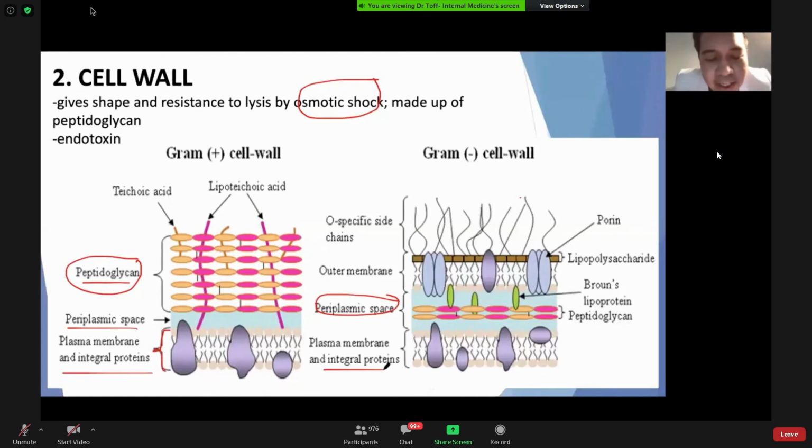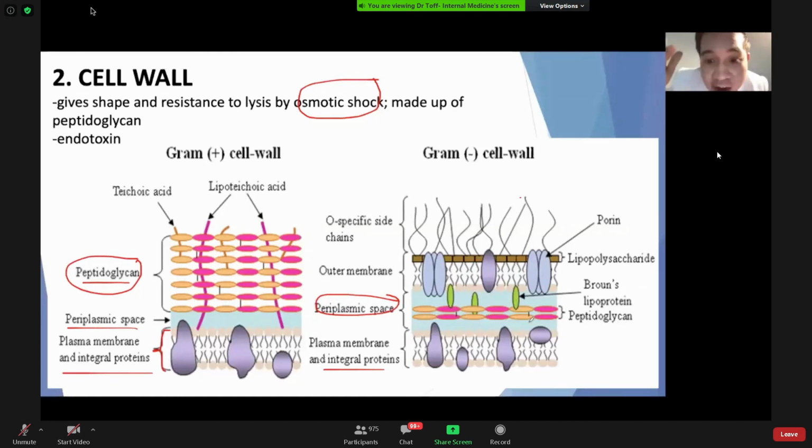So please remember that the peptidoglycan layer, the periplasmic space, and the plasma membrane, pareho siyang meron sa gram-positive and gram-negative. So the difference is that the peptidoglycan is thicker in gram-positive, and the peptidoglycan in gram-negative is thinner.